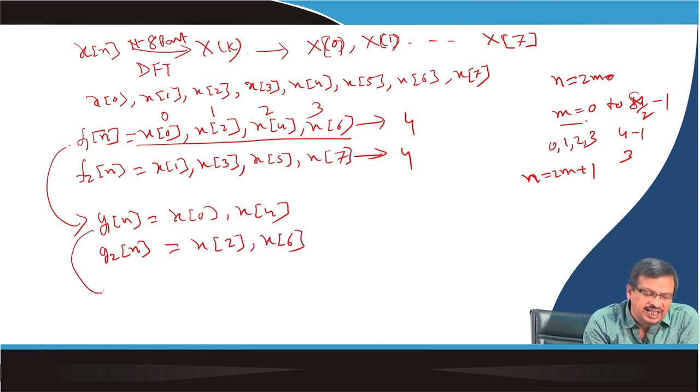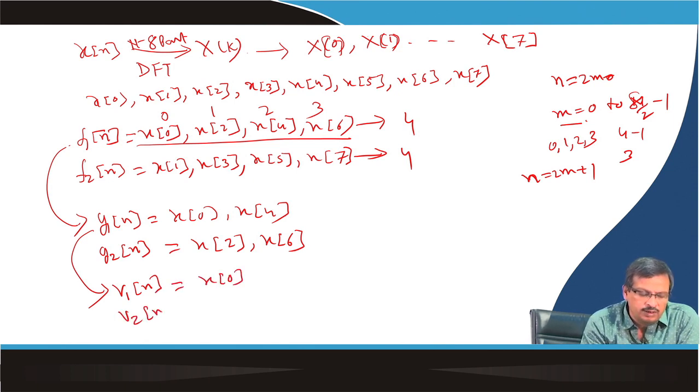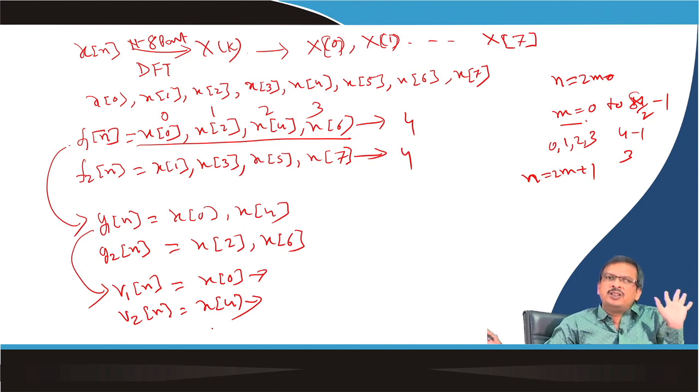Now, if g1 is divided by another stage, let us say v1, then v1[n] will be x0 and v2[n] will be x4. So, this is the even signal, this is the odd signal, further division is not possible.